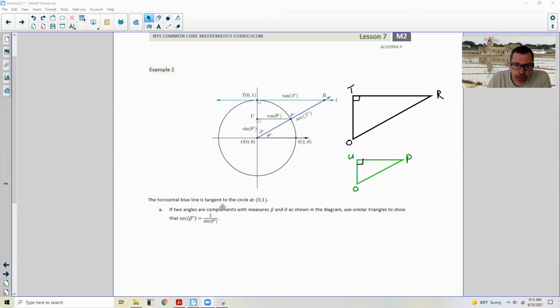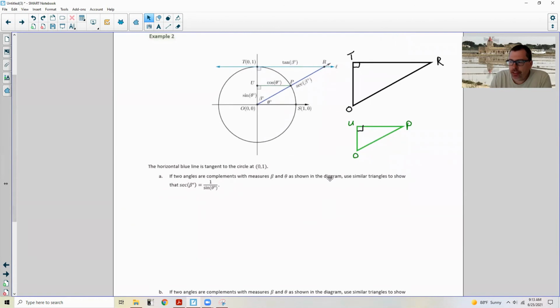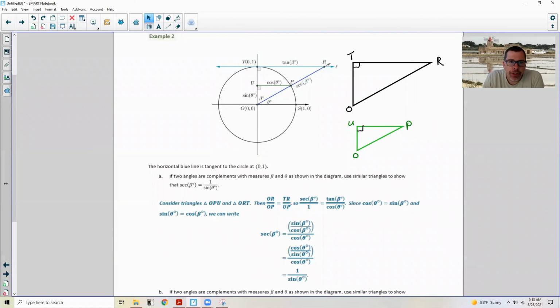If two angles are complements with the measure of beta and theta, as shown in the diagram, use similar triangles to show that secant of beta equals the sine of theta. So we've done this already kind of in the prior example. So I'm just going to bring in the solution and discuss it. Okay, so here we go.